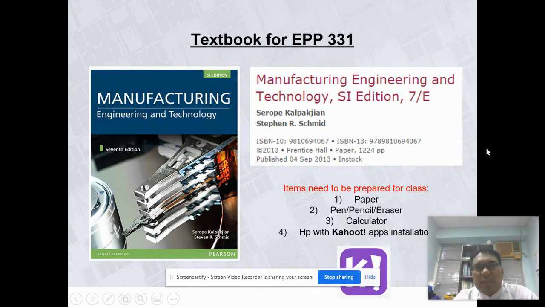Okay, so this is the textbook that will be used. Maybe you can find it or you already have it, and this is the main reference for the class. You can have it online or as a soft copy version, but what is important is that this is the reference we will use during this subject.